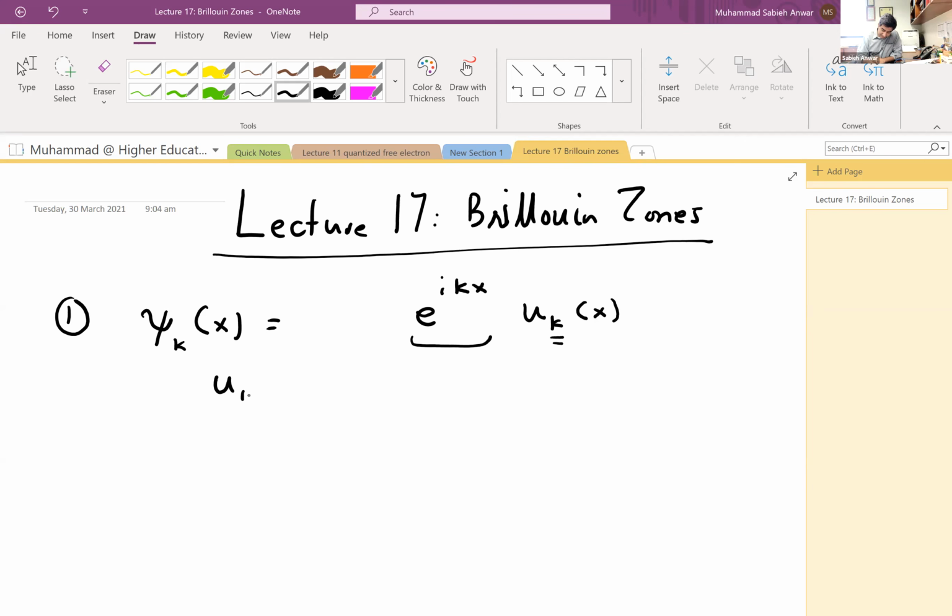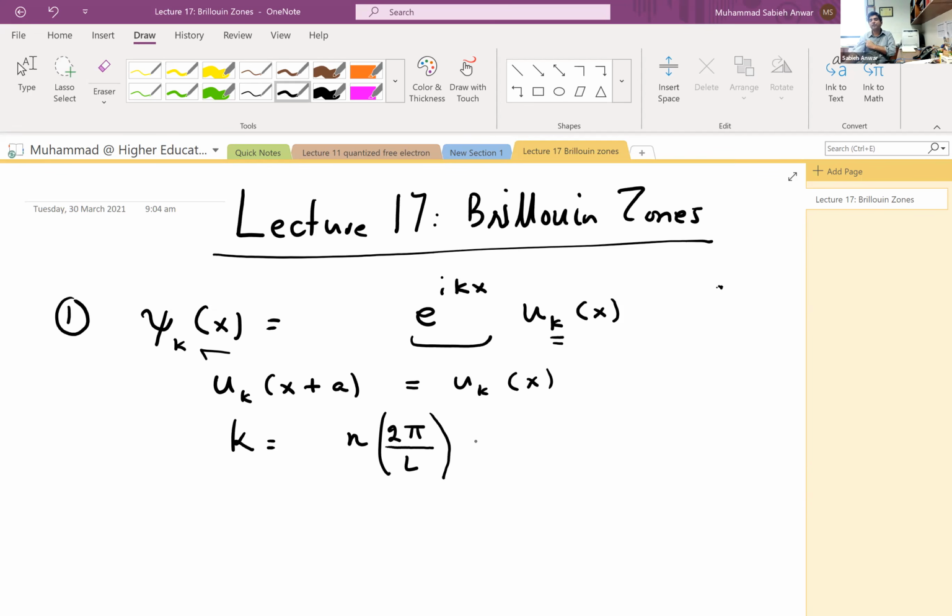This u_k has the property that it respects the periodicity of the crystal. Furthermore, we also saw that the values of k are constrained by n times 2 pi over L. So this is the first form of the Bloch theorem. The eigenstates are modulated plane waves.